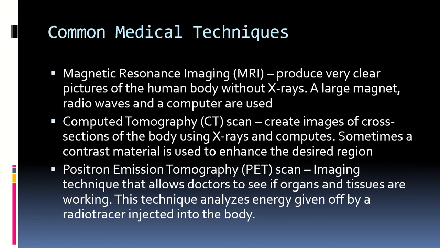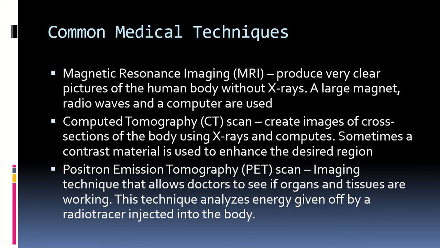MRI only looks at the physical structural layout of whatever is being observed. And a bonus of MRI is that this can be done without X-ray radiation. Essentially, radio waves are what are used to analyze different parts of the nervous system.